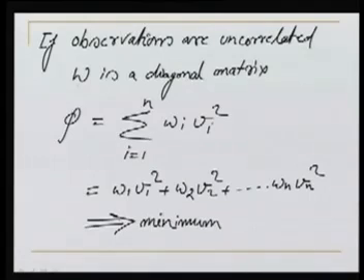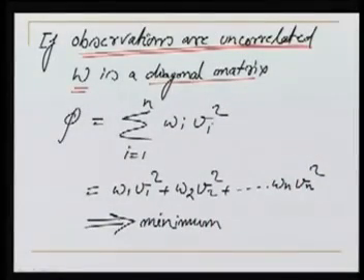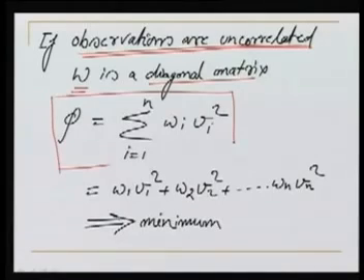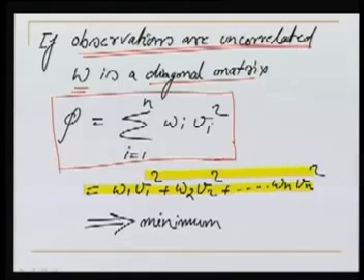But if our W is a weight matrix and the observations are uncorrelated, all observations totally independent with no correlation between them, the W matrix will be a diagonal matrix, and our least square solution appears like this, which we can further write as W1 V1 square plus W2 V2 square plus so on, plus Wn Vn square.